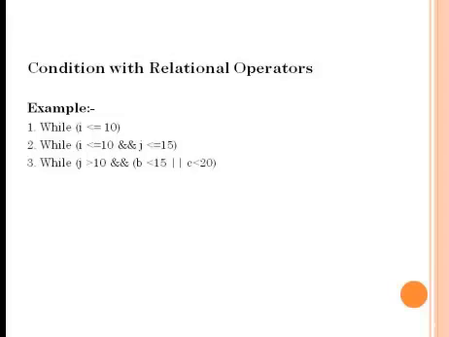The condition in the third statement is j greater than 10, logical AND with the parenthesis of b less than 15 logical OR c less than 20.